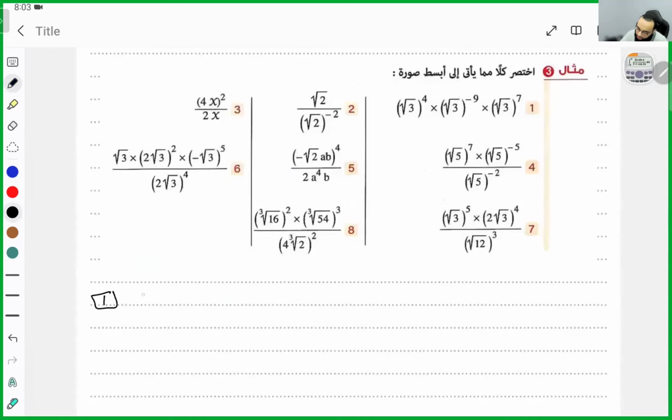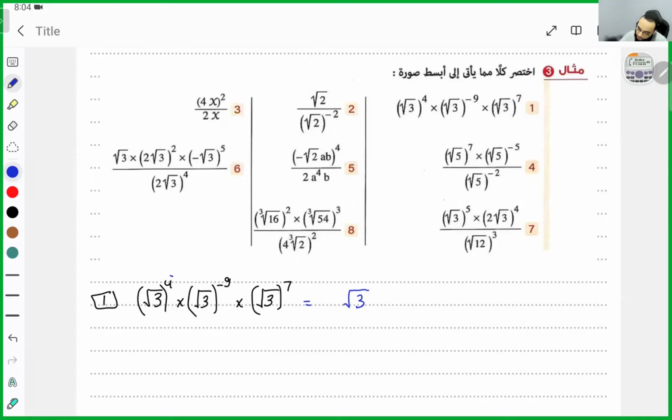Root 3 power of 4 times root 3 power of negative 9 times root 3 power of 7. Solve it with me. All of them are root 3, so we can get only one root 3.